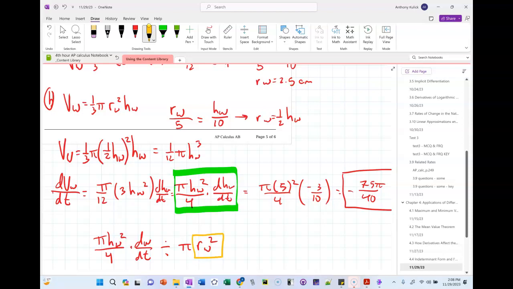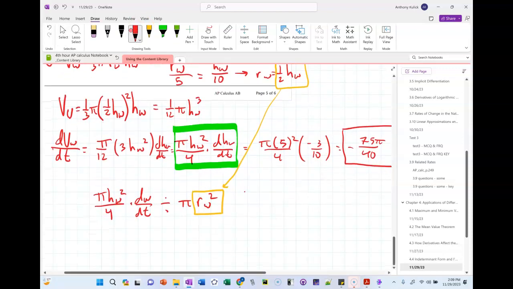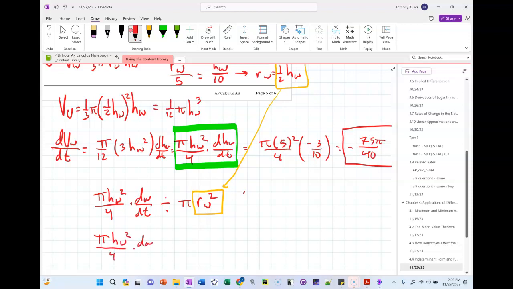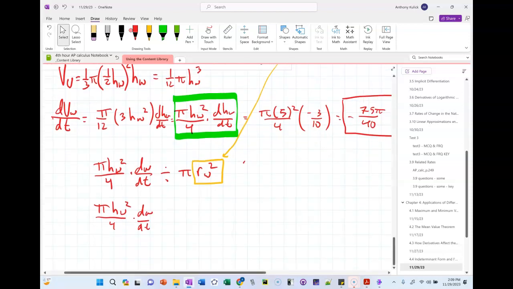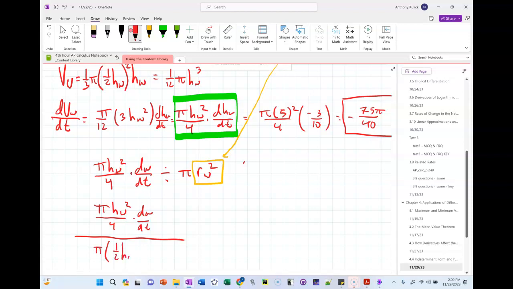But what is r_w squared equal to? 1/2 h_w. So let's see.